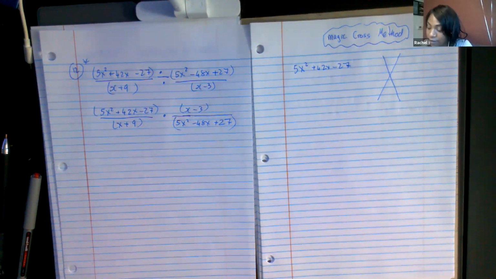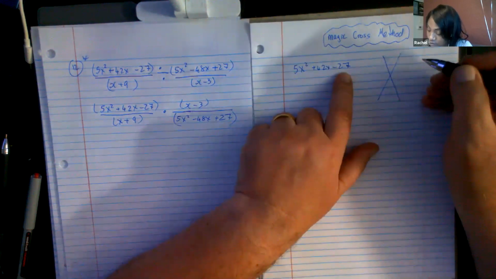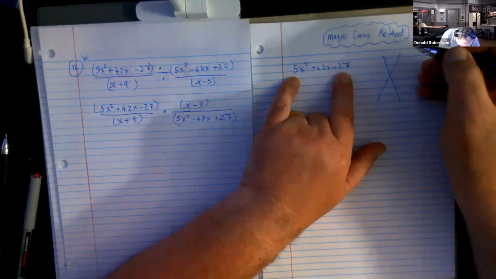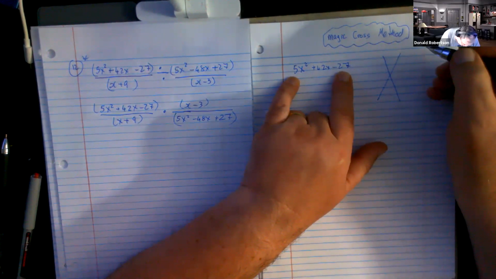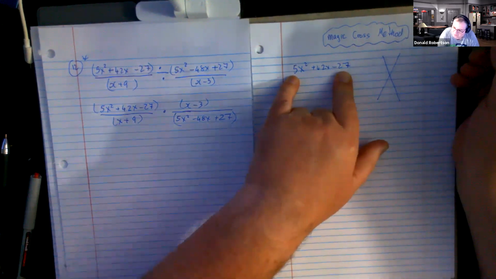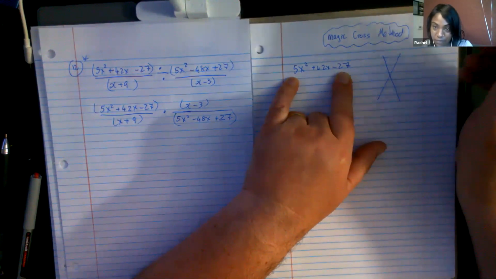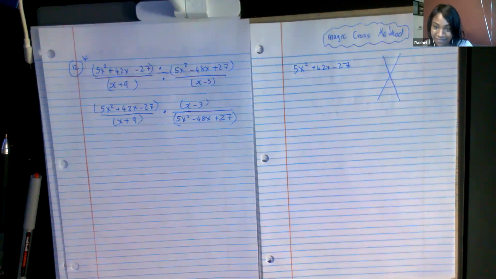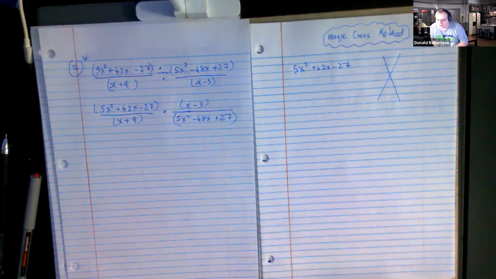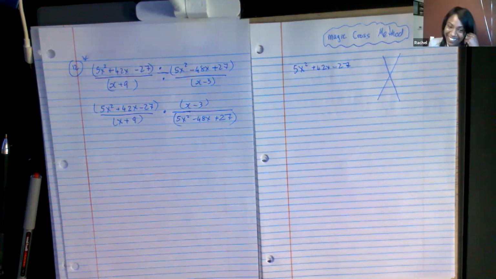Take the 5 and multiply it by 27. And what do you get? 135. Where do you put it? The bottom. Oh. Top. I'm not going to do it if it's wrong and then you keep doing it until I say it's right. We're not doing that.